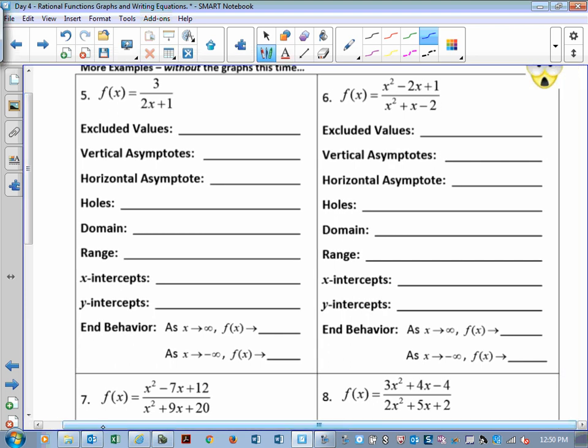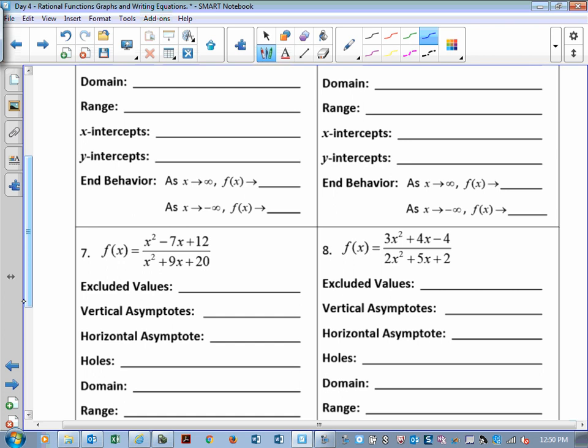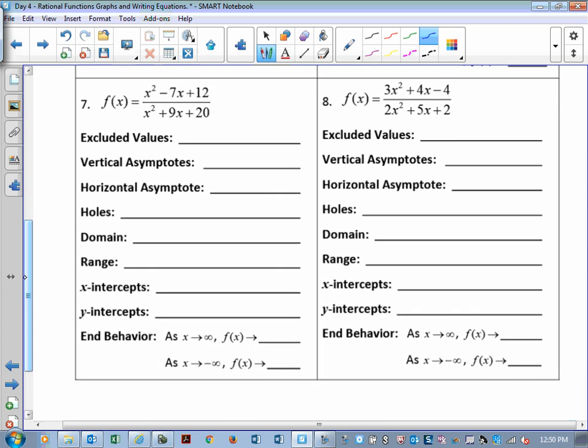Now, number 8. Could you please factor the numerator and factor the denominator? Start there. Yes.